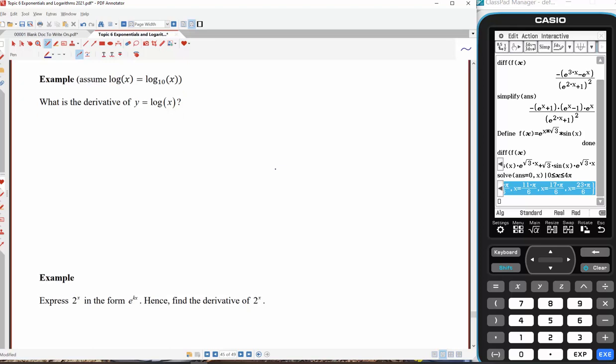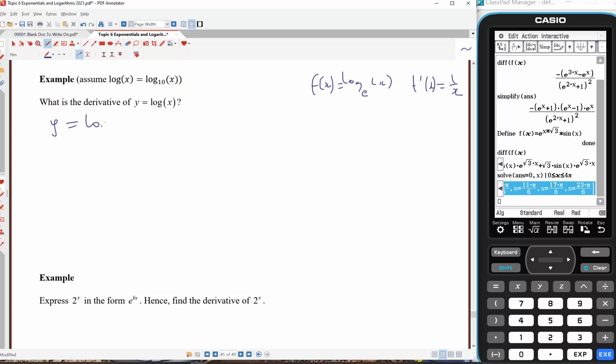Okay, what is the derivative of log 10 x? Now we know that if f of x equals log e x, then f dash x is equal to 1 on x. What we don't know is how to derive log 10 x, but there's this really cool rule called the change of base rule.